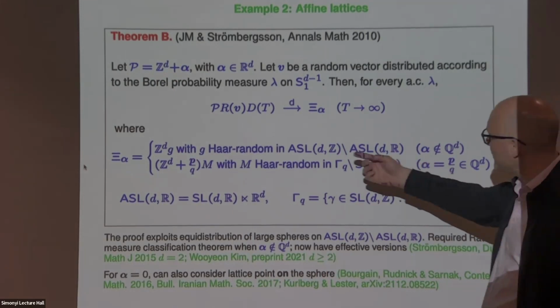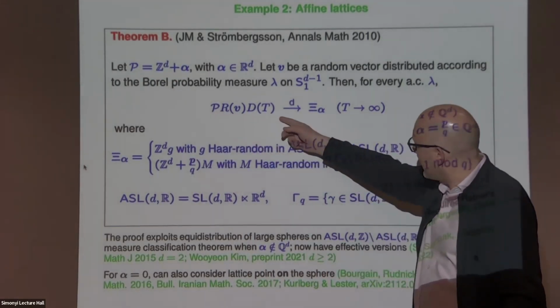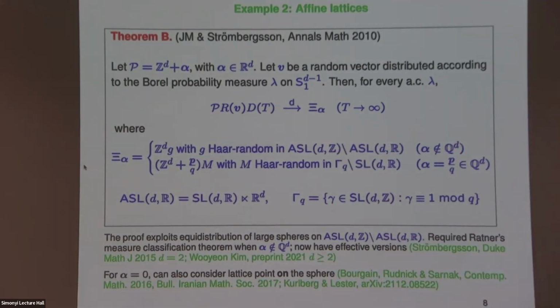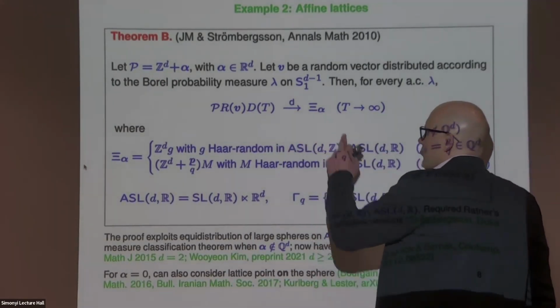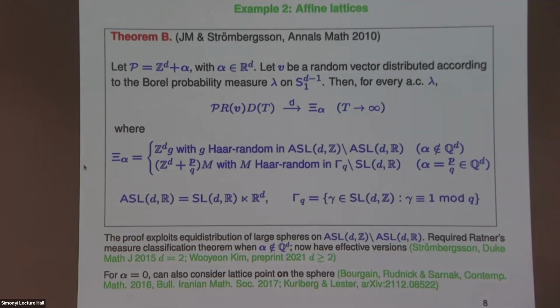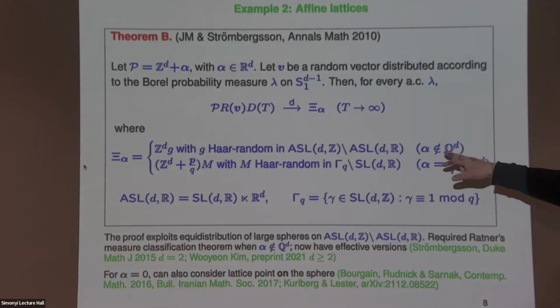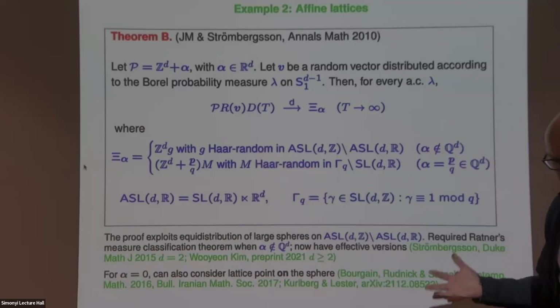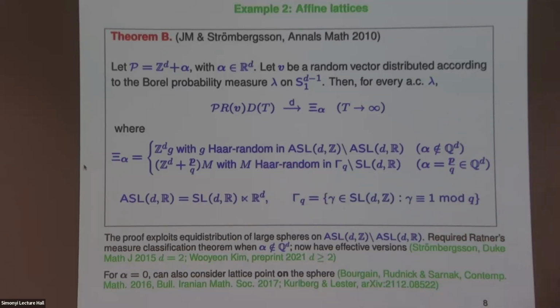And so what we showed here is that as a point process, the randomly rotated affine lattice and then stretched converges to a limiting point process, which, depending on the choice of alpha, is a random lattice.